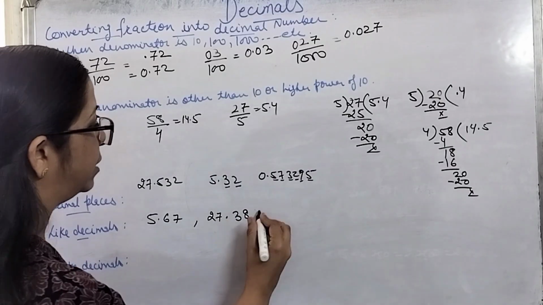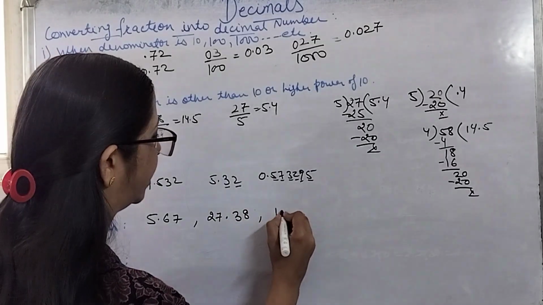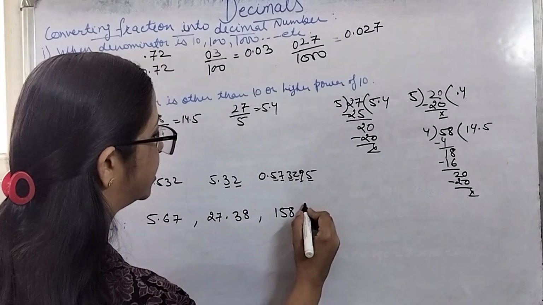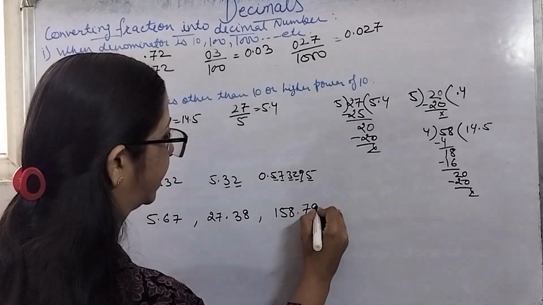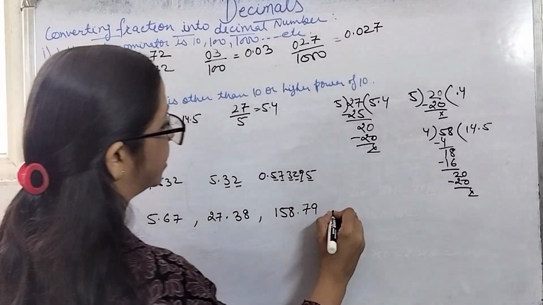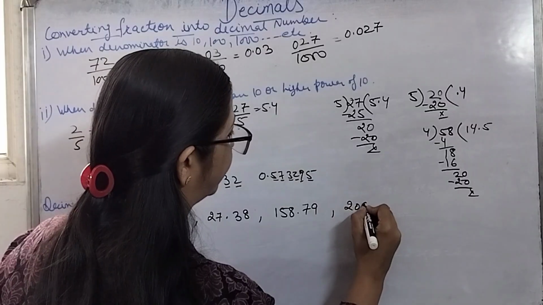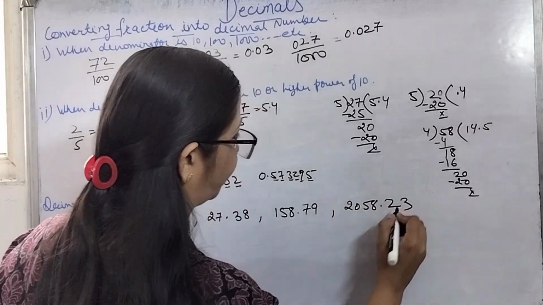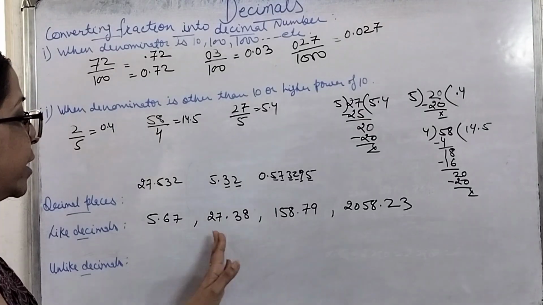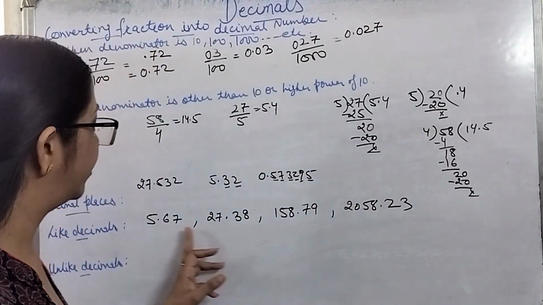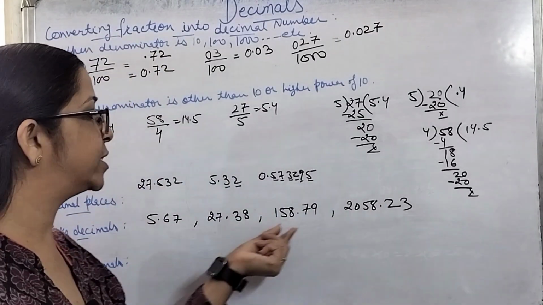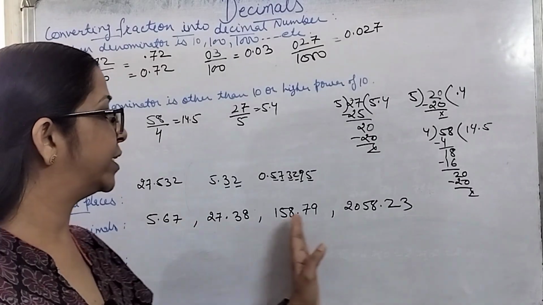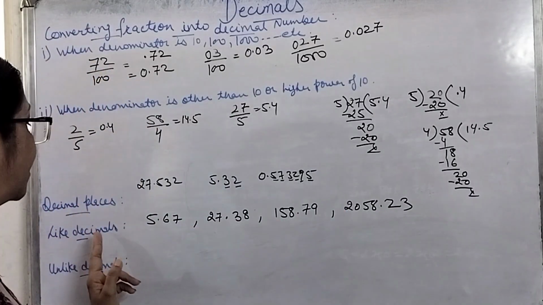The next number is say 158.79. One more number I am taking, 2058.23. In all these 4 decimal numbers, after the decimal there are 2 digits. That means each and every decimal number is having 2 decimal places.